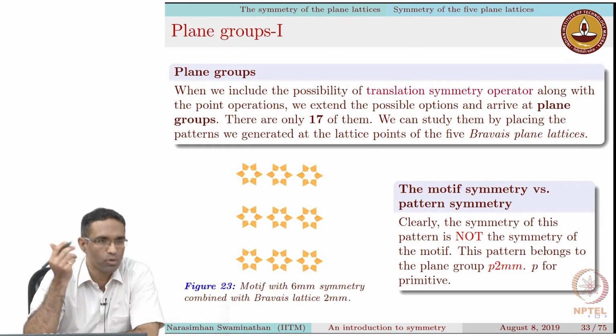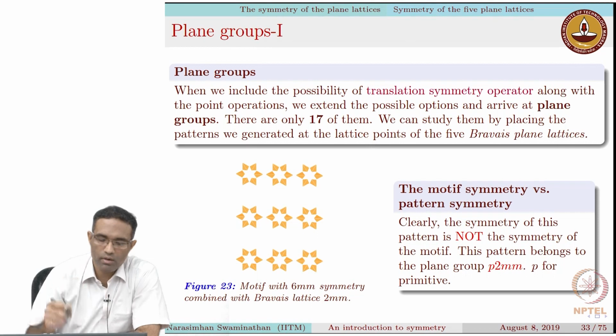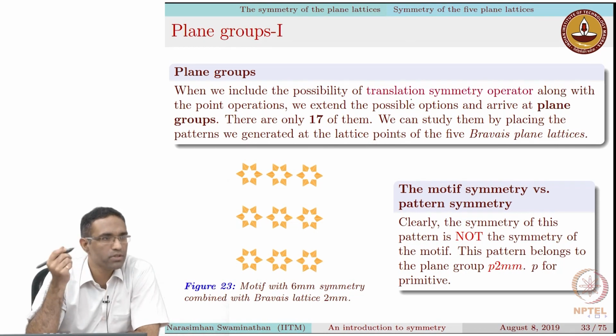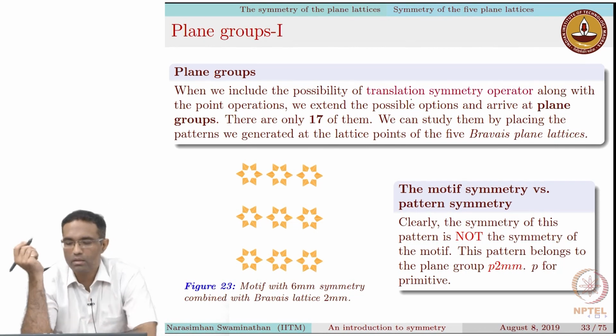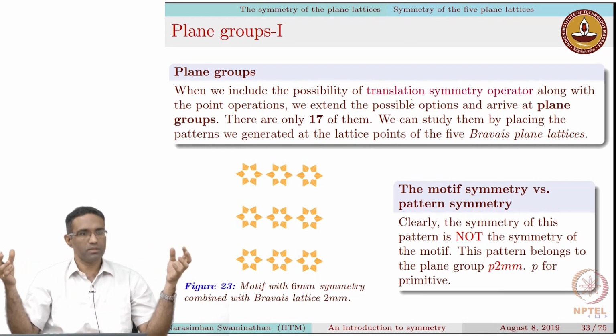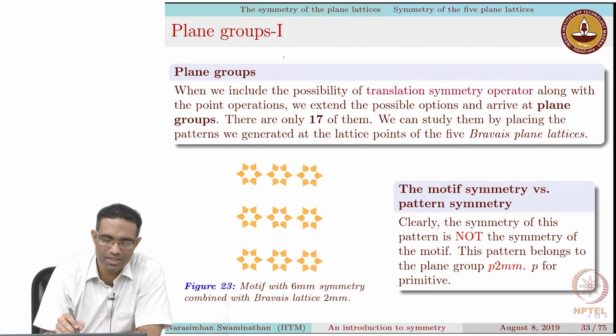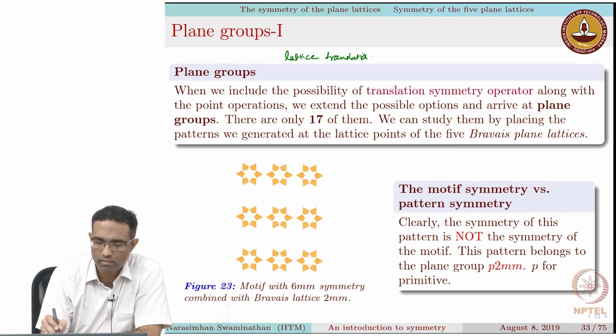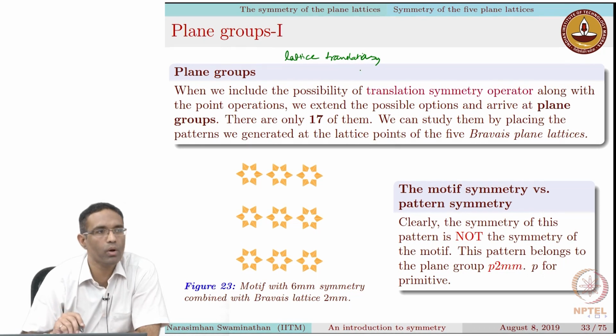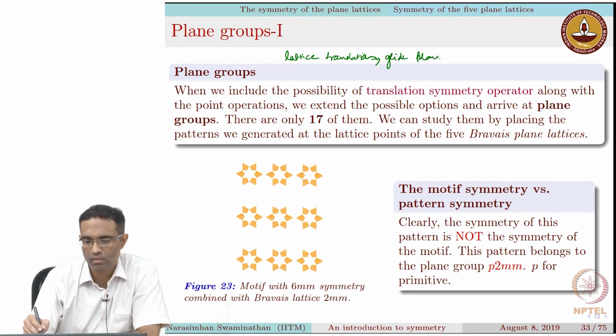So we saw point groups. Now when we include the possibility of translational symmetry, we increase the total number of possibilities. When you say translational symmetry, there are two things that you can think of. One is basically the lattice translations along the vectors, and then we talked about one more translational symmetry operator when it comes to 2 dimensions, which was called the glide plane.